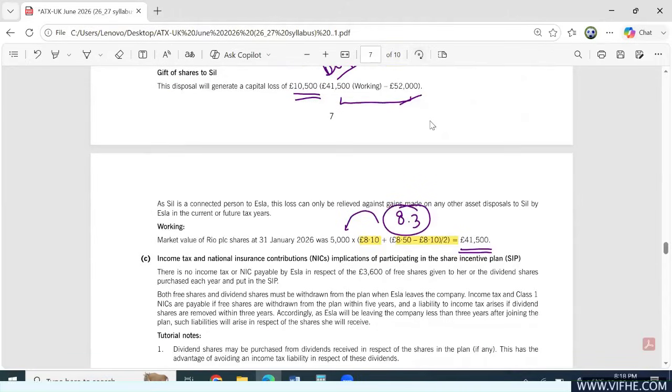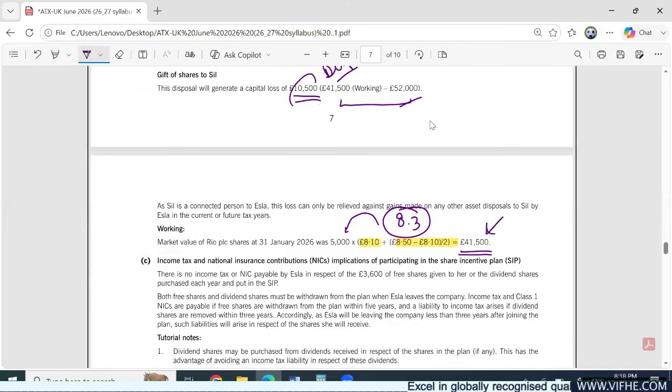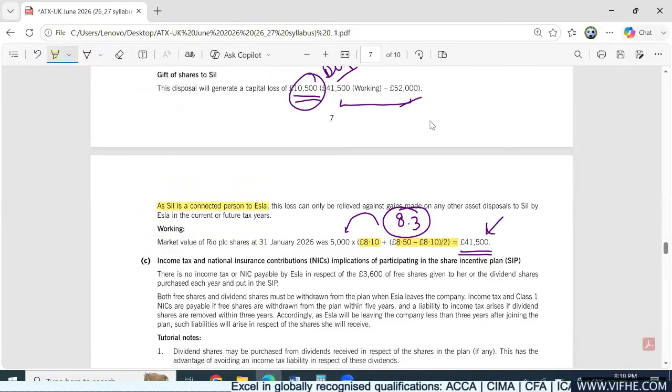This is 41,500 being the disposal proceed, and the disposal proceed is lower than the cost, and that's how there happens to be a loss. And it is mentioned here that SIL is a connected person to ESLA, so the loss can only be relieved against the gains made on any other disposals to SIL by ESLA in the current or even in the future tax years.